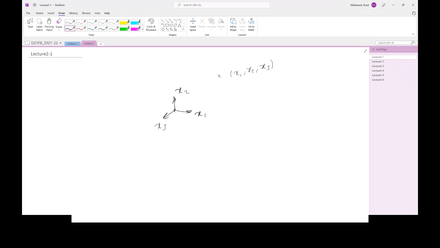And for example, instead of using this coordinate system, if you move into this coordinate system here, so this is X1 bar, X2 bar, and X3 bar, the temperature would always be the same, right?